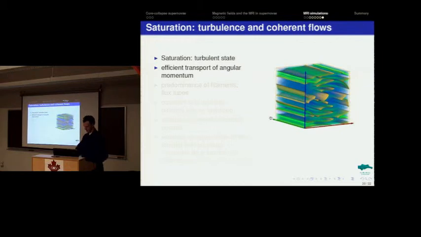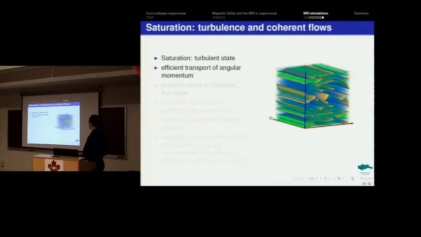Now, again, a few words then to what happens after termination. We have a turbulence state and efficient transport of angular momentum. This is shortly before termination in a 3D model, and now afterwards.